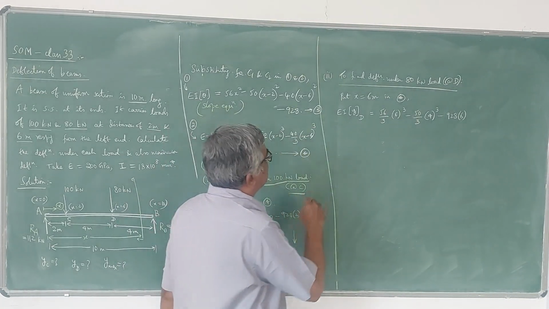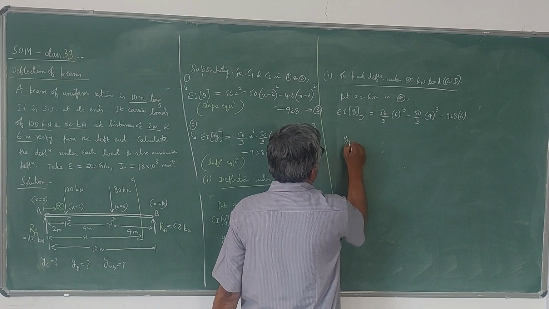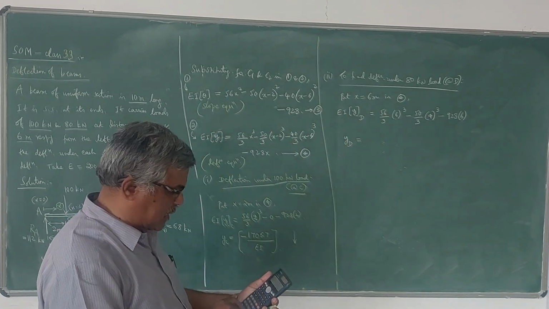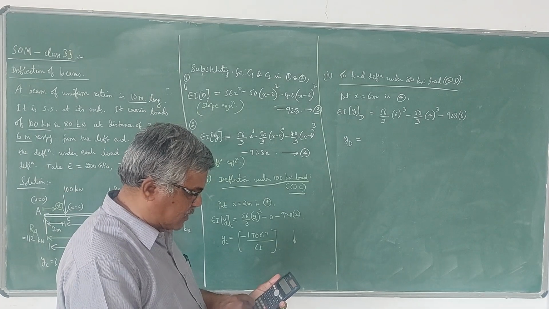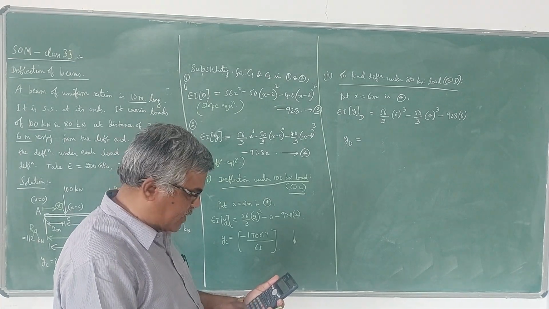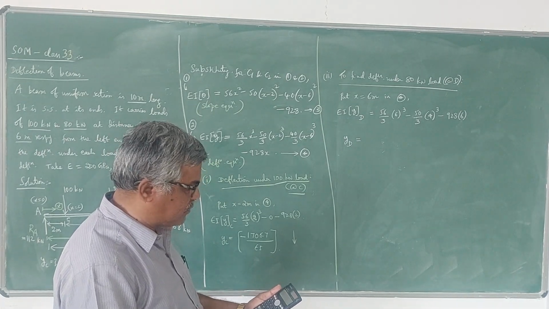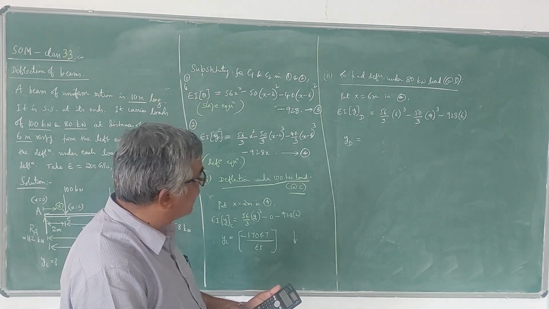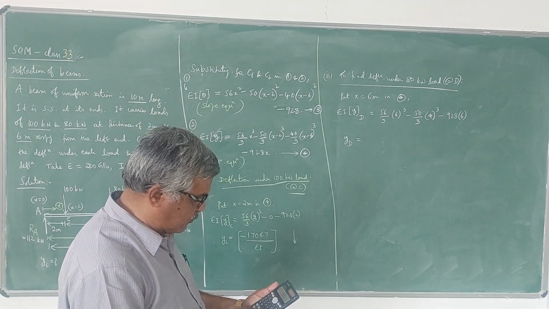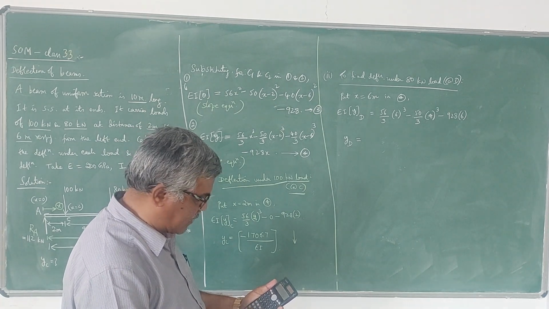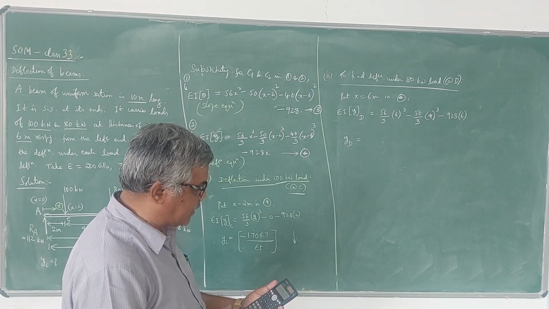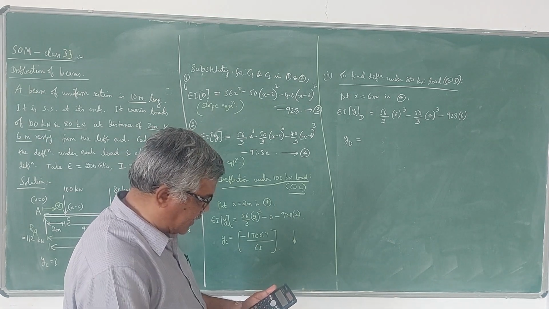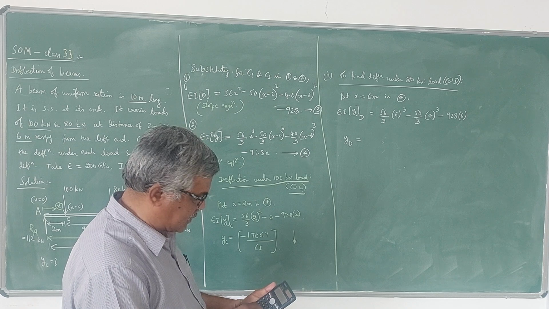So if you simplify this, you will get YD is equal to 56 into 216 divided by 3 first term minus 50 into 64 divided by 3 second term, then minus 928 into 6.